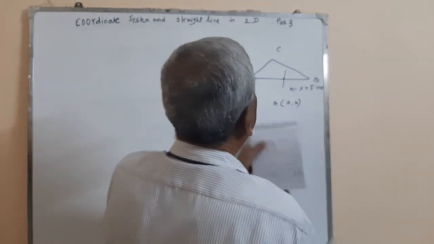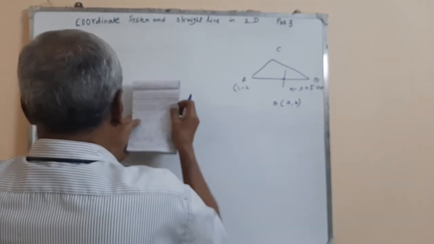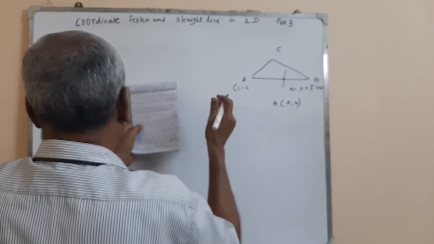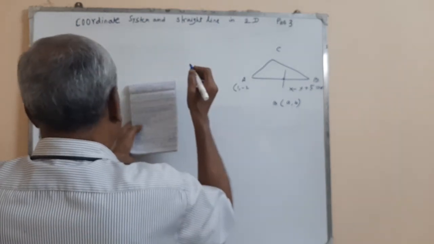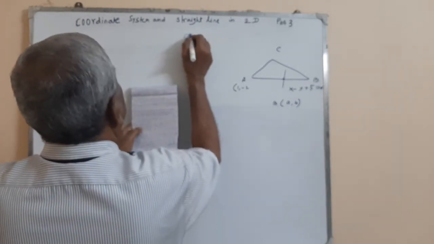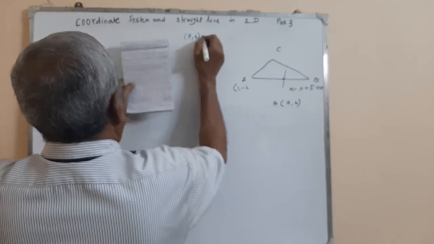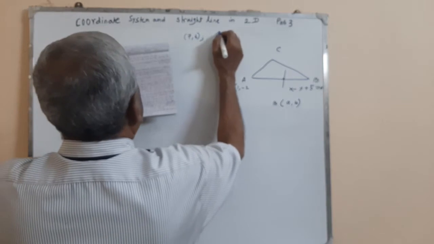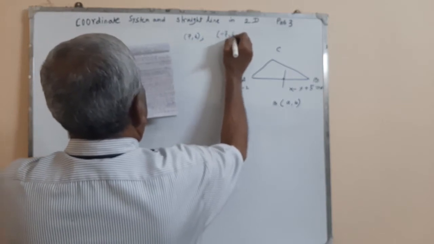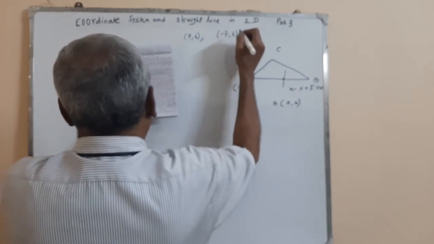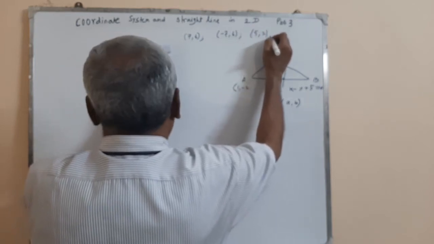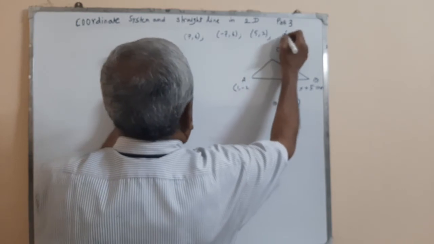Options are (7, 6), then (minus 7, 6), third option (5, 2), fourth option (1, 3).